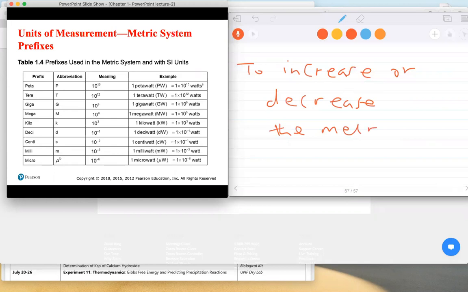Let me be specific, the metric base unit of measurement, all right. That is the purpose of the prefixes you see. Don't just say, oh, let me memorize what it is. They are used to increase or decrease the base unit.